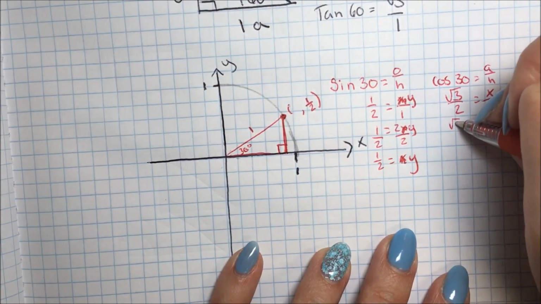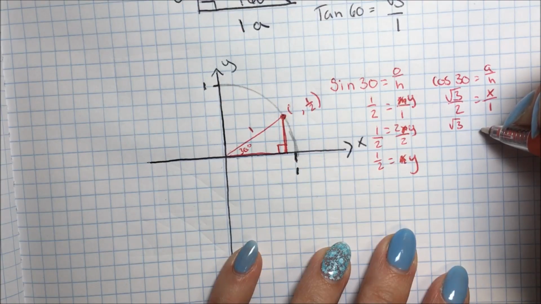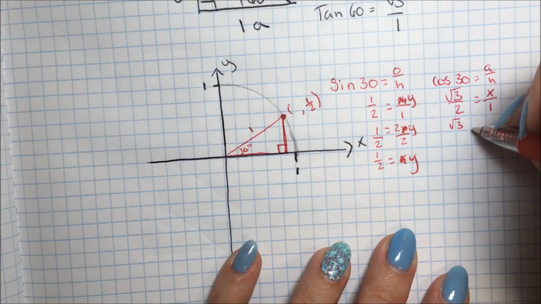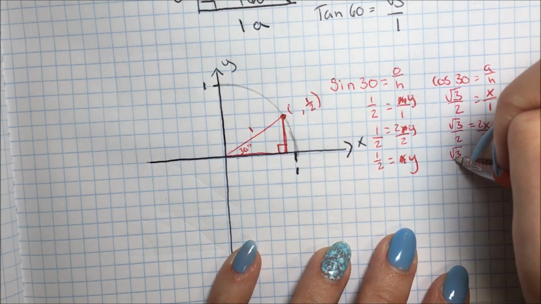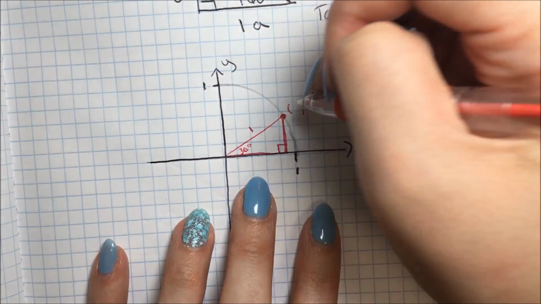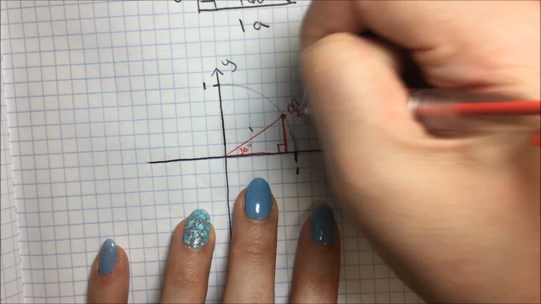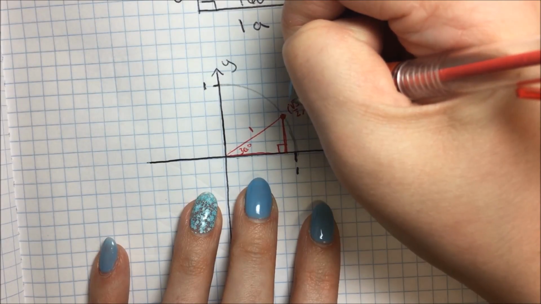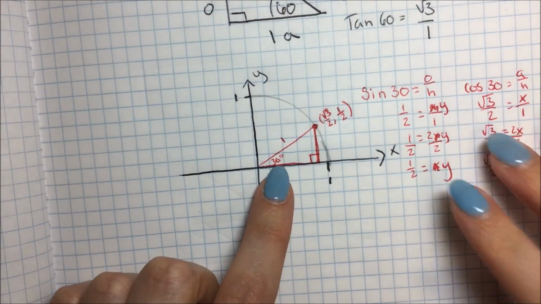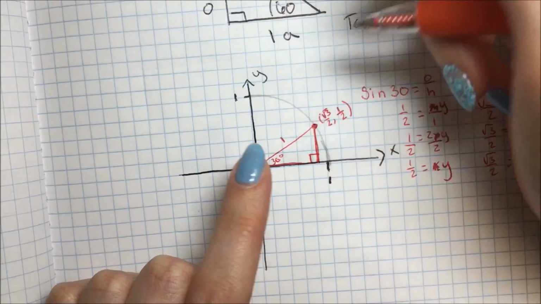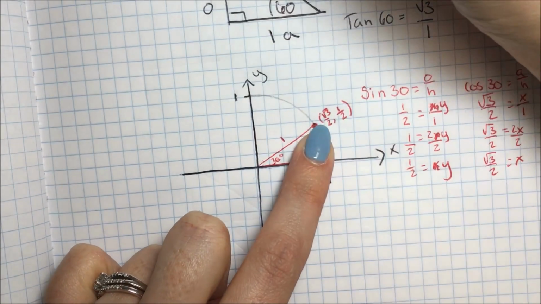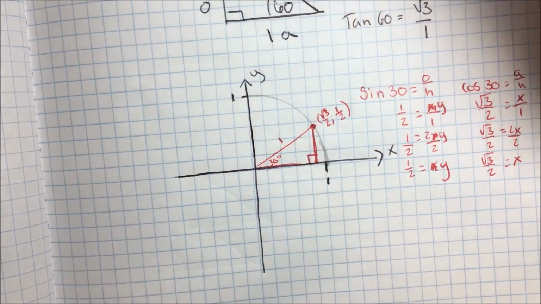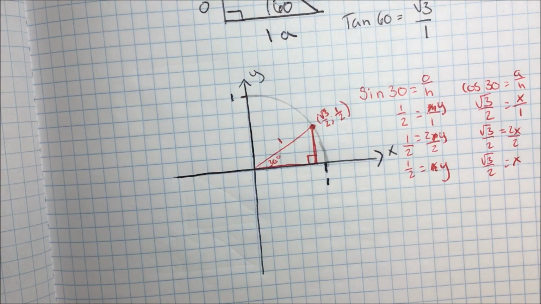When I cross multiply, I get radical 3 equals 2x, and I just divide both sides by 2, so radical 3 over 2 is x. And I get this kind of neat thing that goes on, where the x is the cosine value, and the y is the sine value. So let's check and see if this works for a 45-degree angle as well.